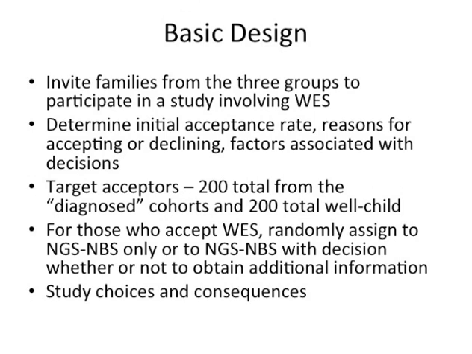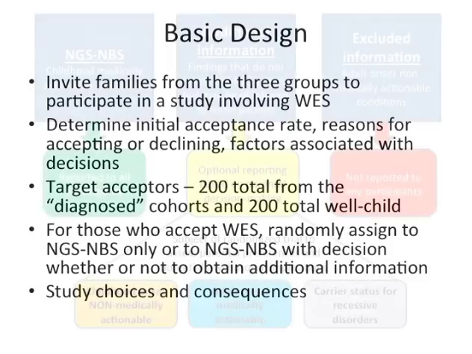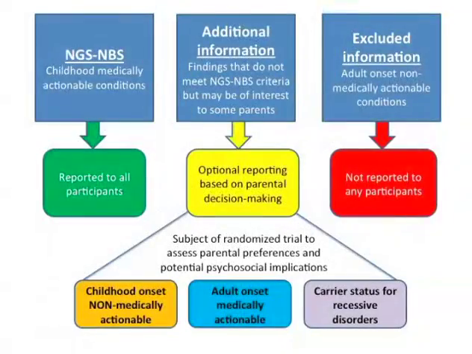And then we'll randomize the subjects in the study so that everyone will get the next-gen sequencing newborn screening results. And then for that additional information, for example, those conditions of either early childhood onset but that aren't treatable, or adult onset that are treatable, they'll have options of getting that information or not.